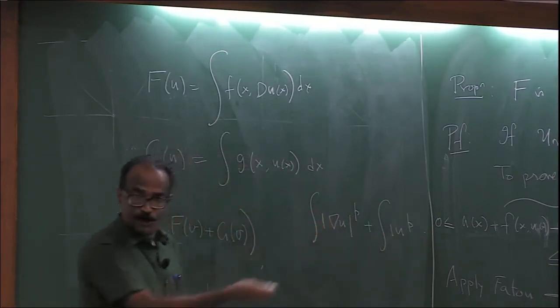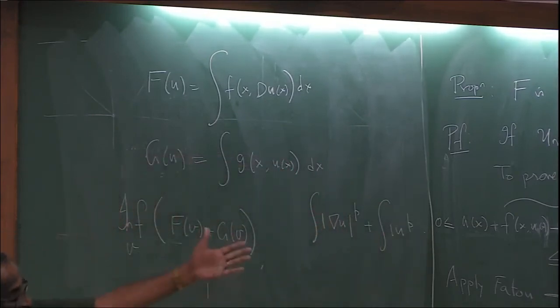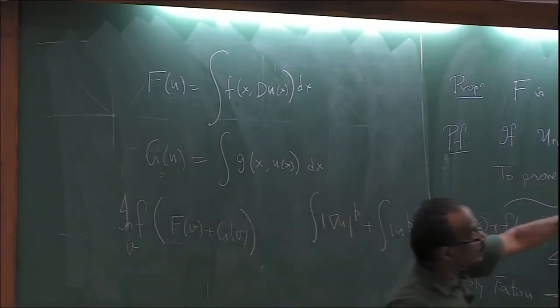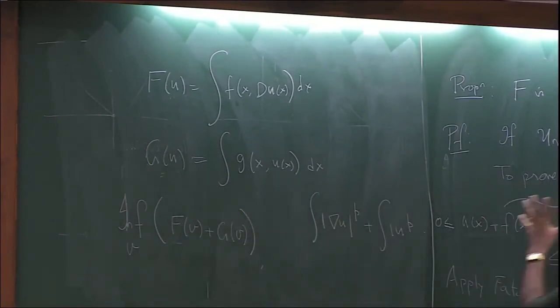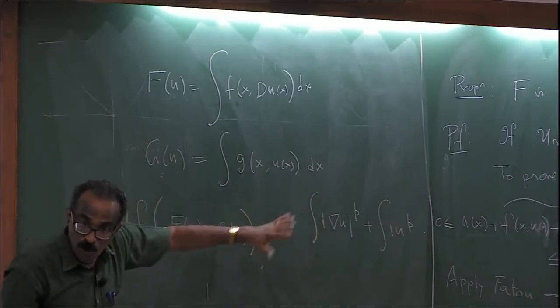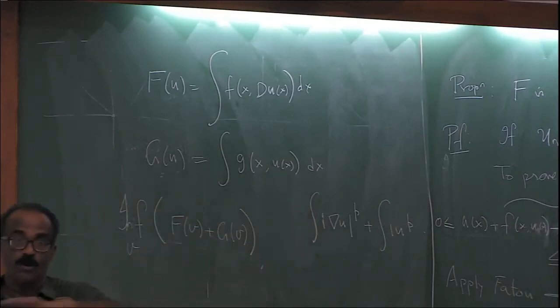Okay, when p equals 2, you have your normal minimization problem, and you can also include a_ij and all that. So this class of functions incorporates a lot of problems which you have already seen, plus some more problems in nonlinear analysis. Okay. So what is the next step I want to do?